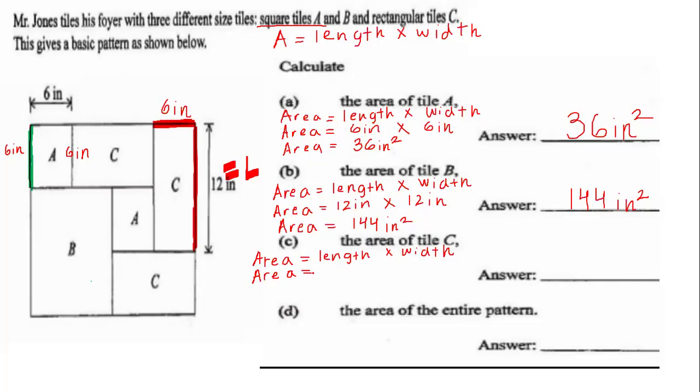The length is the longest side, so 12 inches, times 6 inches. Equals 72. Yes, area. 72 inches, what? Squared. Inches squared. Very good.